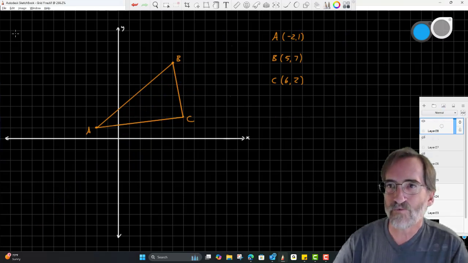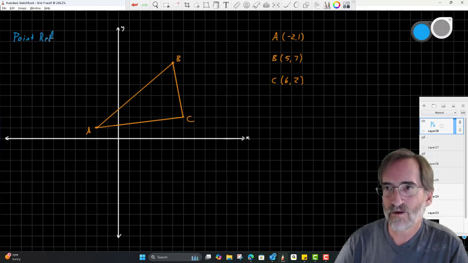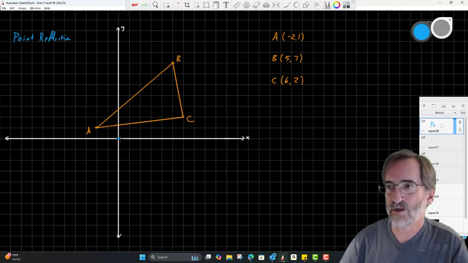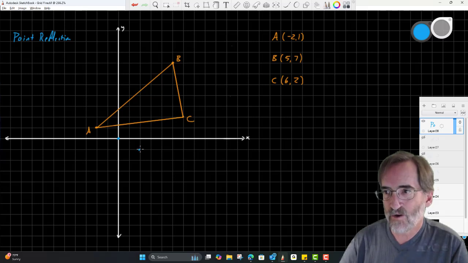In a point reflection, or a reflection across the origin, it's also known as a double reflection. Every point goes across the origin, right? So A is two left and up 1, so the opposite side would be 2 right and down 1.